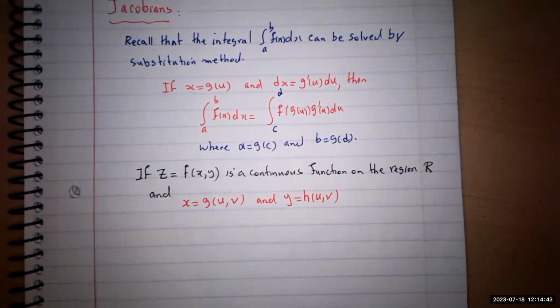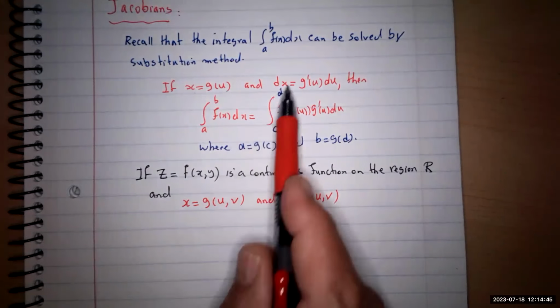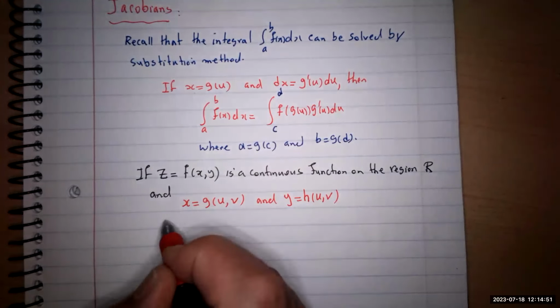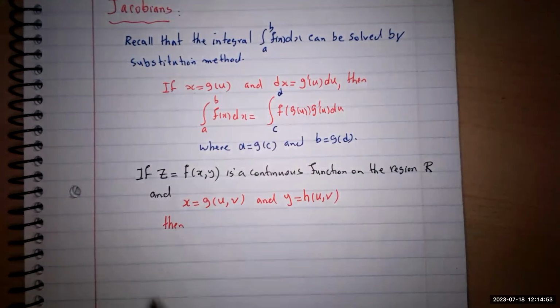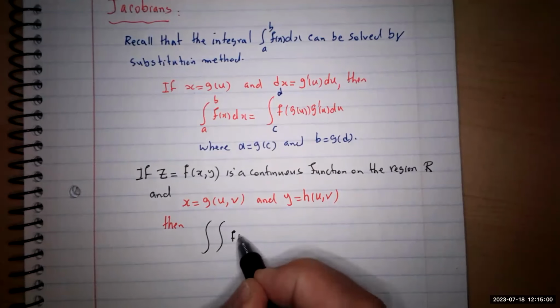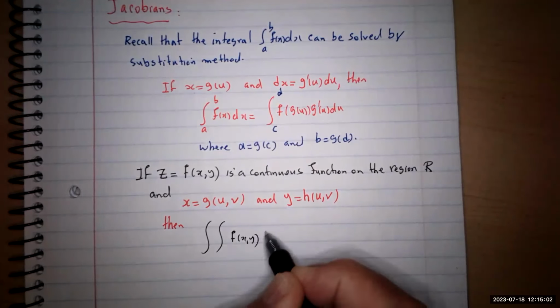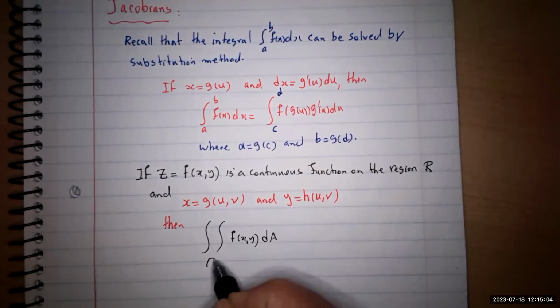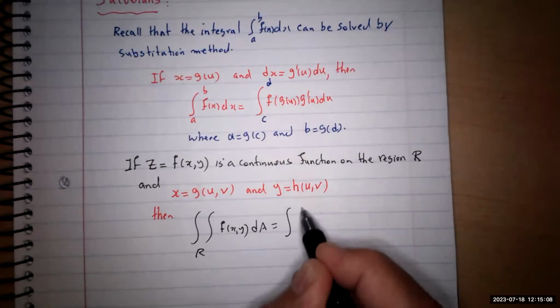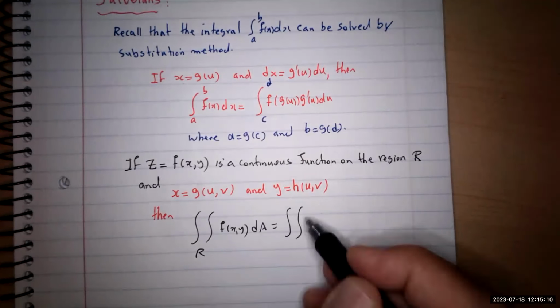Okay, if this is going to be the case, then the copy of this formula is going to be the double integral of f of x comma y dA on R is going to be a double integral, but we switch.